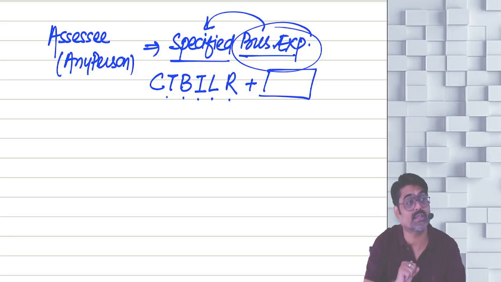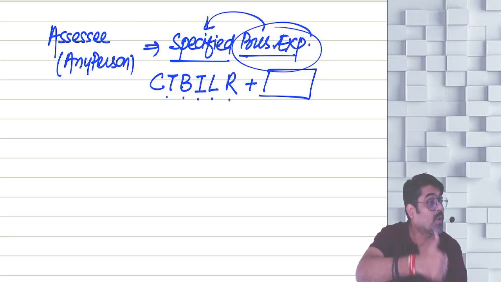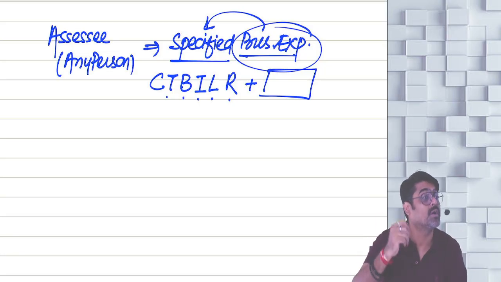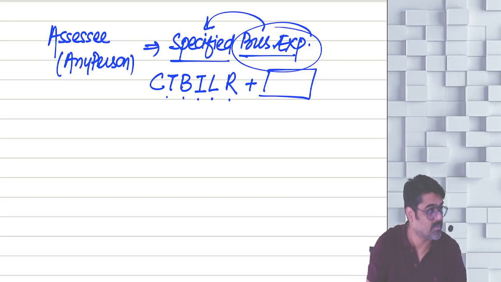So which all deduction disallowances are very important? 40A2, 40A subsection 2, very very important. Payment to related parties in excess of reasonable amount, or unreasonable payments to related party. Confirm one adjustment is there for that.